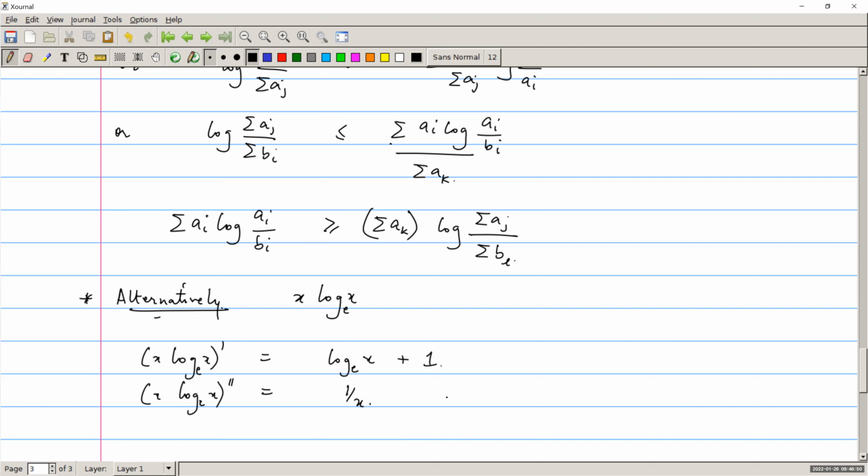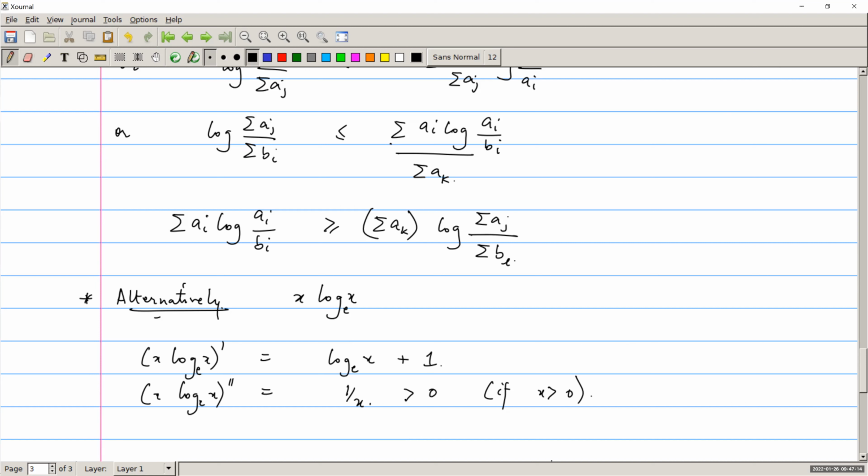Okay, and if x is positive, which is why you need ai and bi to be positive, then 1 over x is also positive.